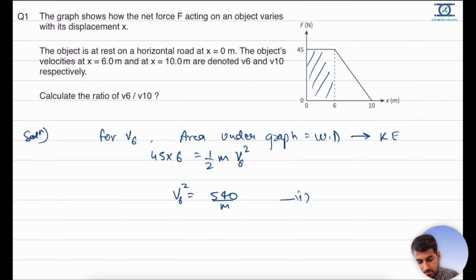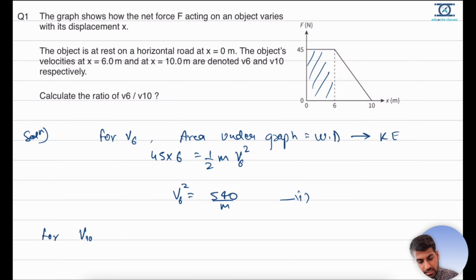So this will be my equation 1. Similarly, for V10, we can find out the complete area. Do not find out just this part, because the speed is from 0 to 10 and we have to find out that. So the complete work done will be converted into the kinetic energy, and that kinetic energy we will consider for V10.